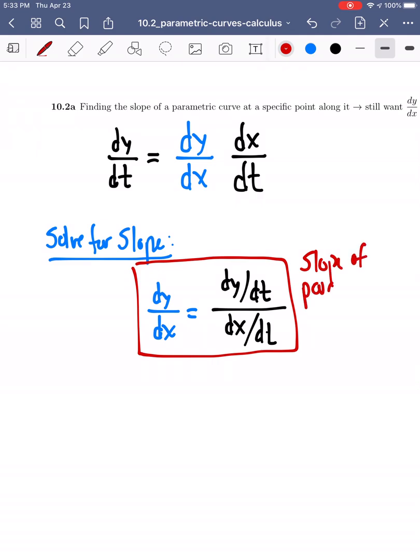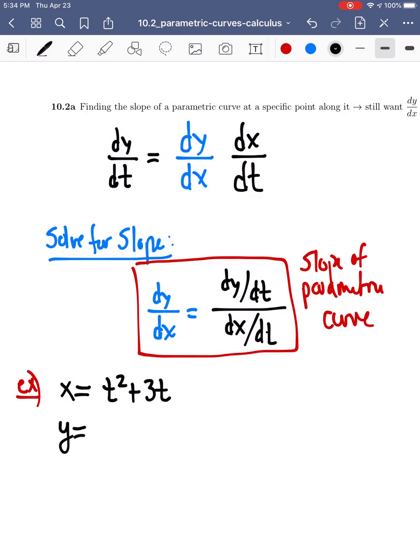So let's do a quick example of this. So if we're given a parametric curve, say x is equal to t squared plus 3t, and say y is equal to sine squared of 3t.